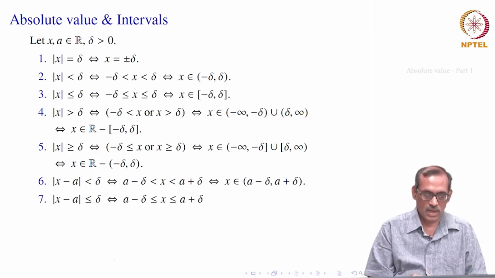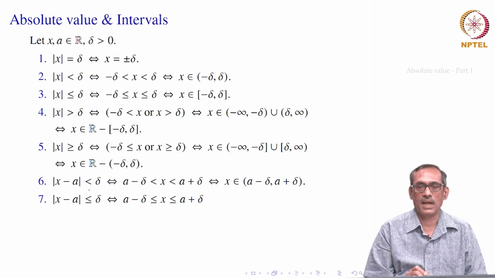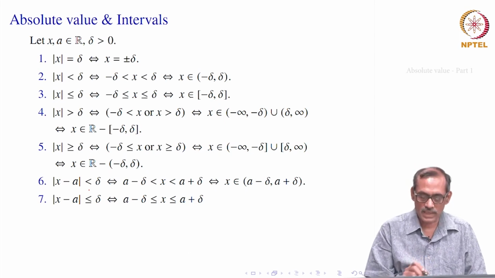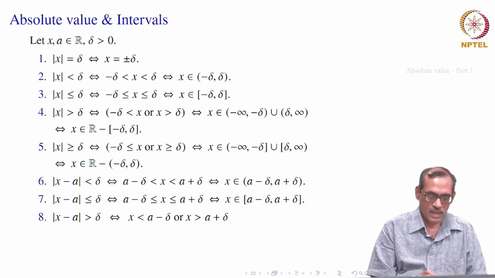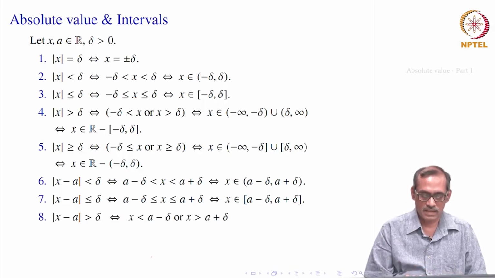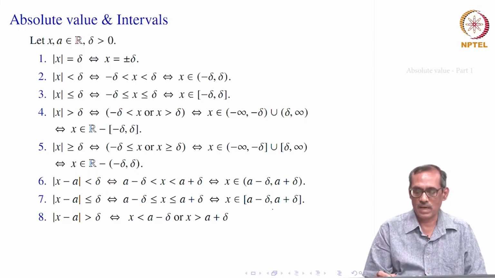Okay. So, now suppose it is less than or equal to delta, then equality will be introduced on both sides. Instead of the open interval, it will be a closed interval. So x belongs to the closed interval a minus delta to a plus delta. And if it is greater than delta, the same mod x minus a greater than delta, then it will be the complement of the previous one, that x cannot belong to the closed interval a minus delta to a plus delta.